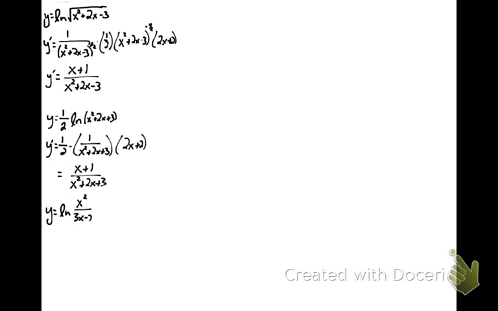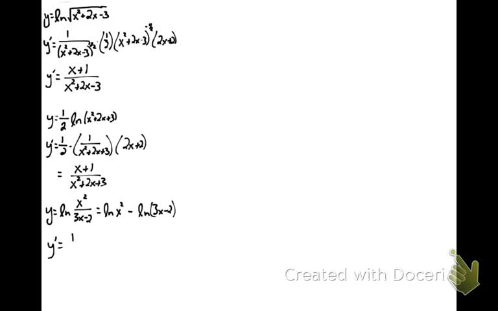Now again, this wouldn't be a big deal to do and apply the chain rule a lot, but recall that a property of logarithms is that this can be rewritten as the difference of the two logs of the two arguments. So the natural log of x squared minus the natural log of 3x minus 2. And by taking the derivative of each individual piece, again, it just simplifies the things we need to keep track of.